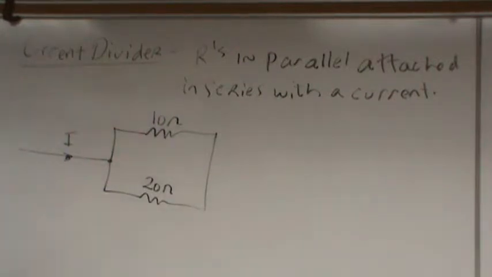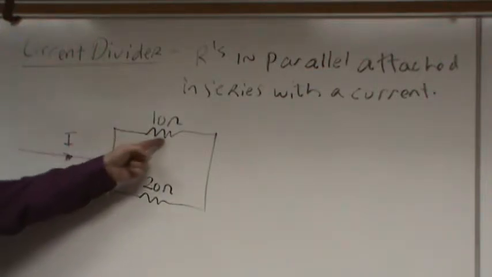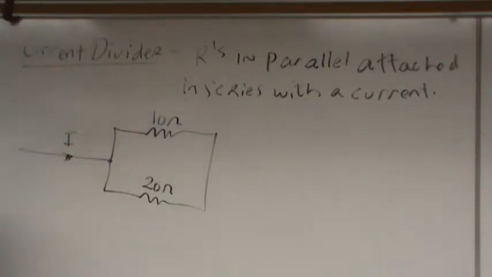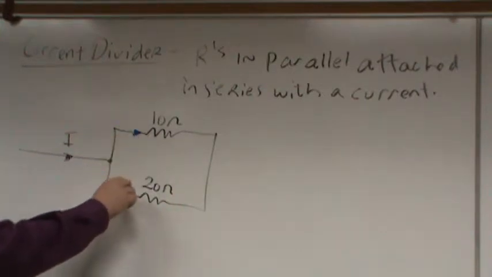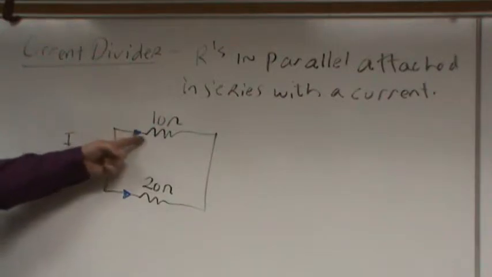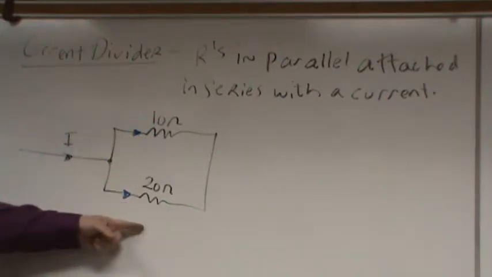Who's getting the lion's share of the current, the 10 ohm or the 20 ohm? The 10 ohm, because current seeks the path of least resistance. So he's going to get more current than him.